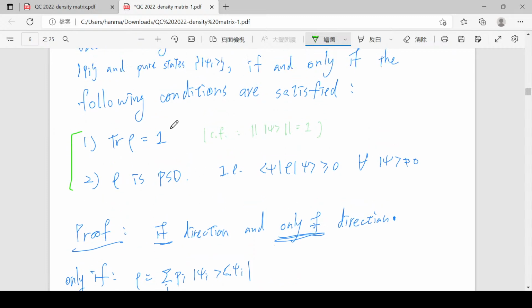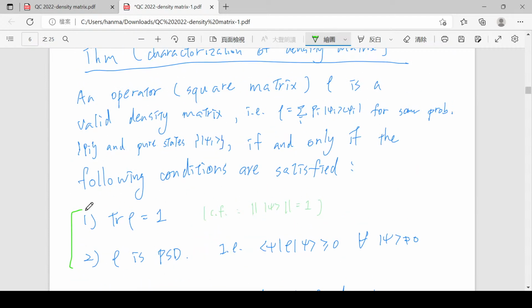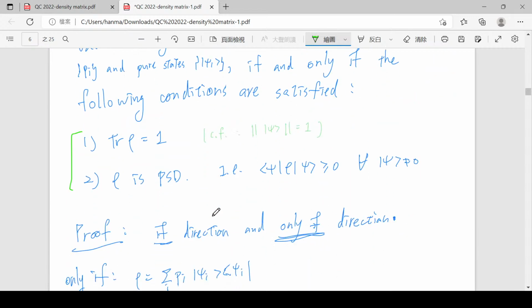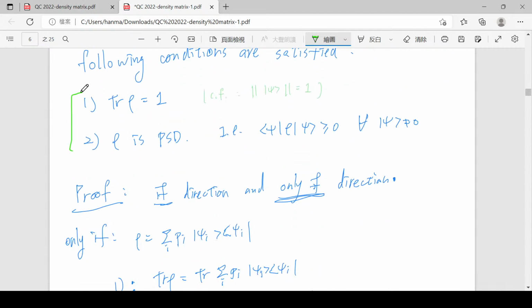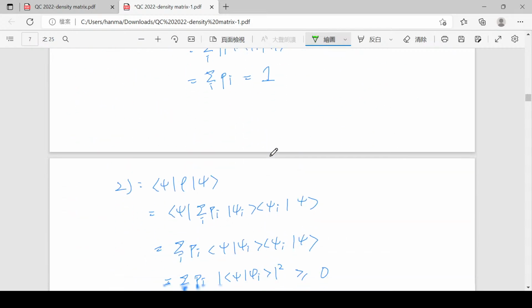If the matrix satisfies those two conditions, then it's a valid density matrix describing a quantum state, i.e. there is a corresponding ensemble. And this is an if and only if: it's easy to check that whenever you have an ensemble of quantum states, its corresponding density matrix satisfies those two conditions. So if you have those two conditions, then your density matrix is valid.